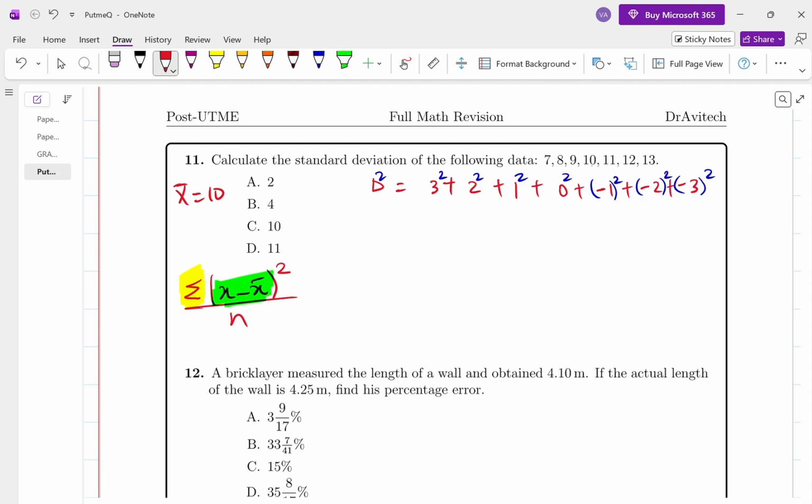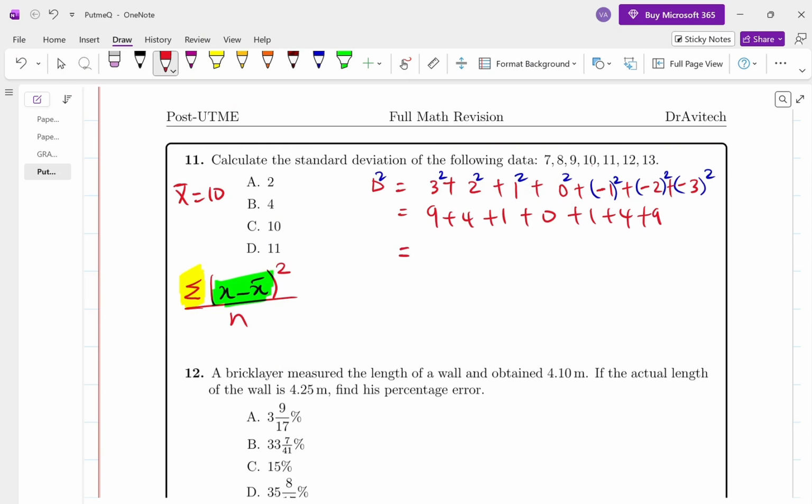Let me just do this one first. This will be 9 plus 4 plus 1, plus 0 plus 1 plus 4 plus 9. So what we're basically doing here is taking the squares, and if you square any number, you must get a positive result.